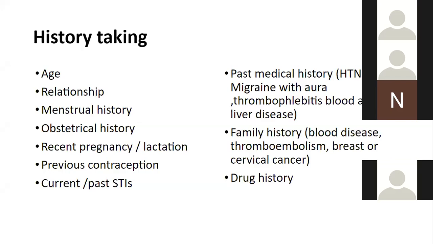Coming to obstetric history. Obstetric history, the woman's parity is very important when we're talking about contraception. So if a woman already has, for example, 4 children or 5 children and is seeking contraception, then you want to advise more long-acting contraception, where you don't want to have a high failure rate, as opposed to a woman, for example, who does not have any children.